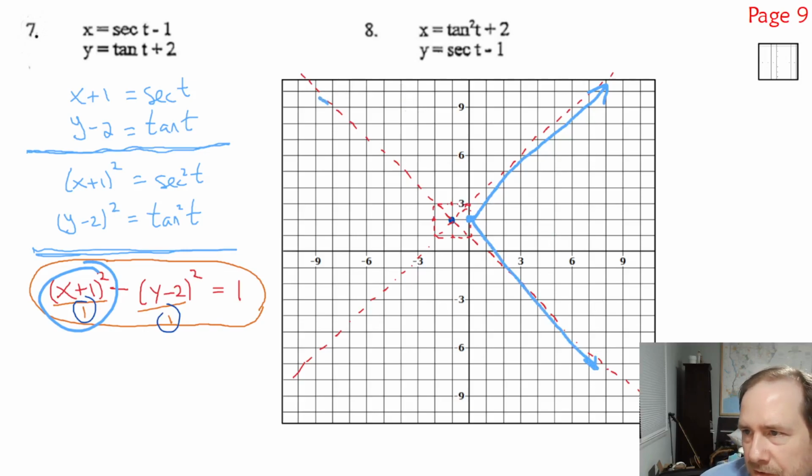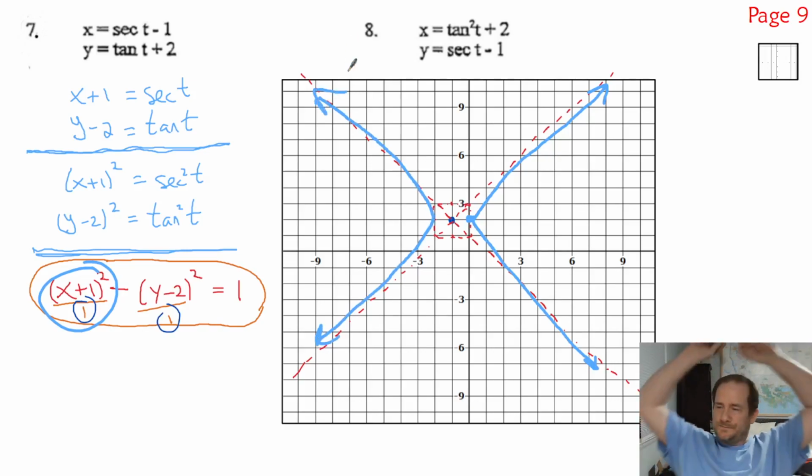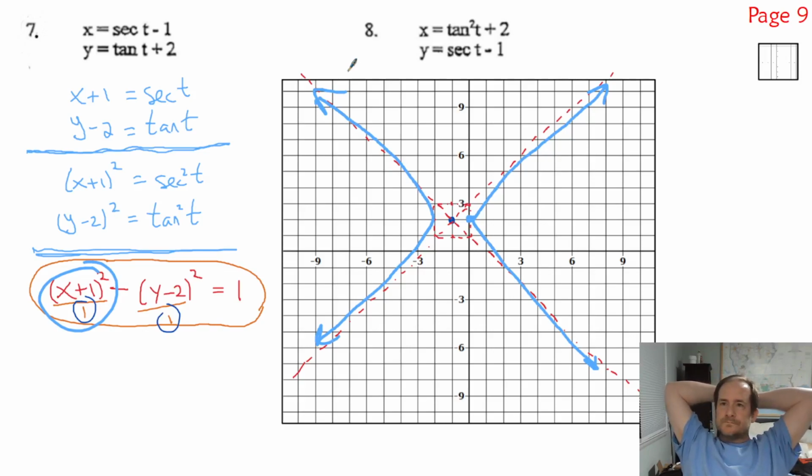I'm not fixing this. Go. Oh, that's so bad. All right, I can live with it. There you go. Okay, I'm happy with it.